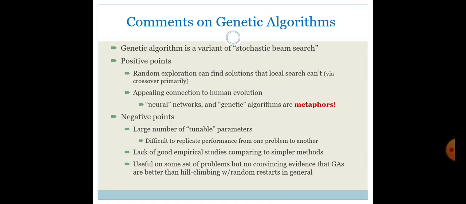As well, there is a lack of good empirical studies comparing it to simpler methods. GA is useful on some set of problems, but convincing evidence that GAs are better than the hill climbing approach with random restarts is, in general, not present.